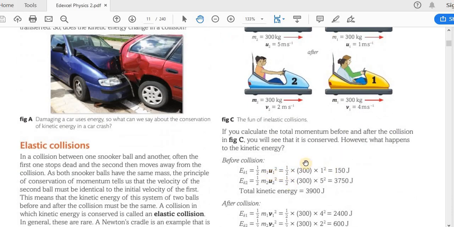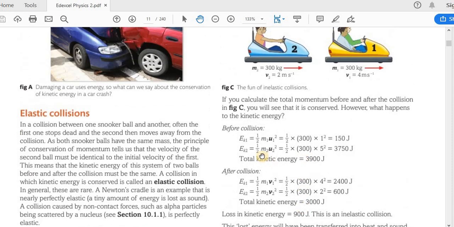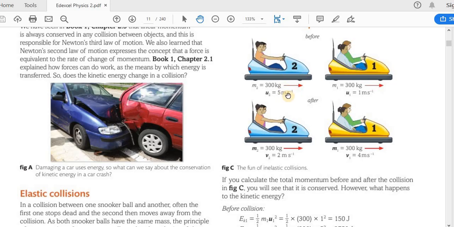Total momentum before should be equal to total momentum after, always. If you multiply this and add it to the product of this, you will see that the total of this is equal to the total of this.